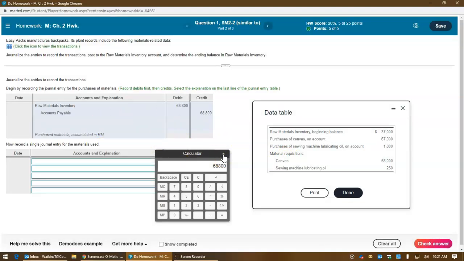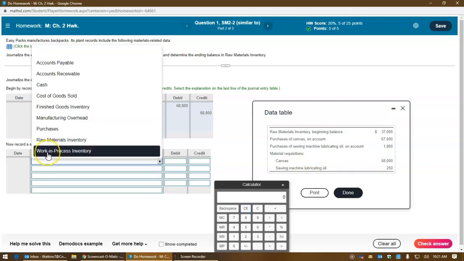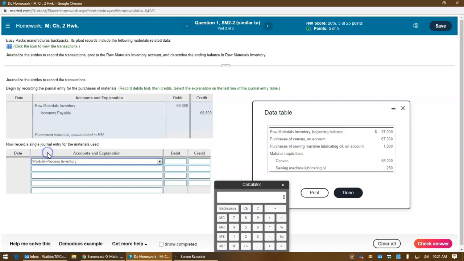The second one, now record a single journal entry for the materials used. So we used some canvas, 58,000, and we used some sewing machine lubricating oil, $250 worth. Okay, so we're going to debit an account called work in process inventory for all direct materials used in production. So the canvas is considered a direct material.